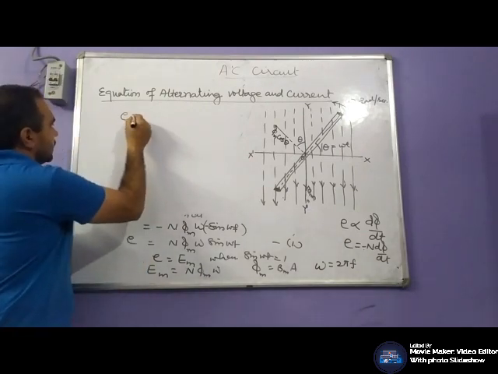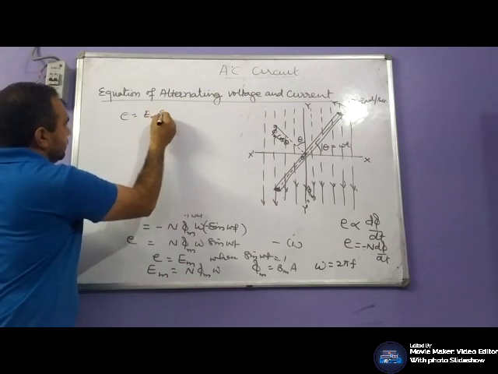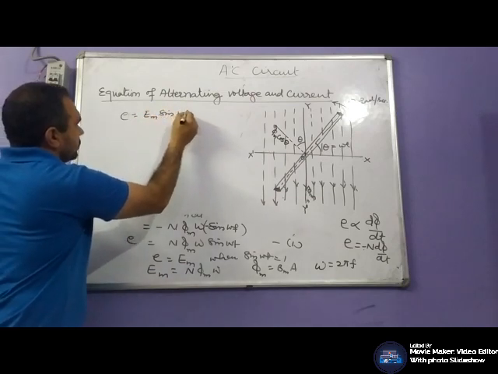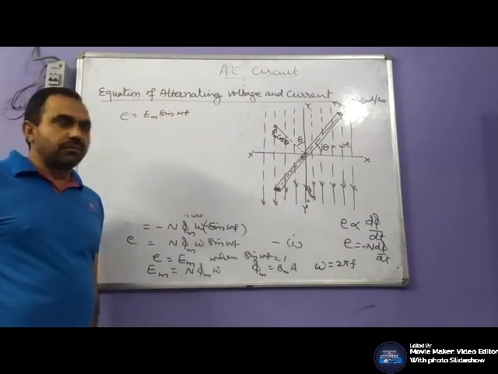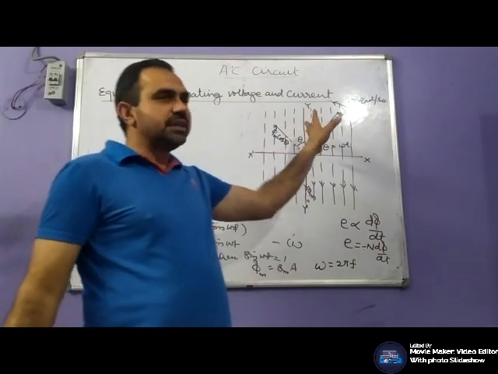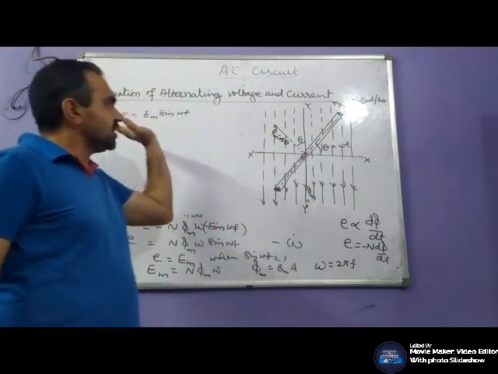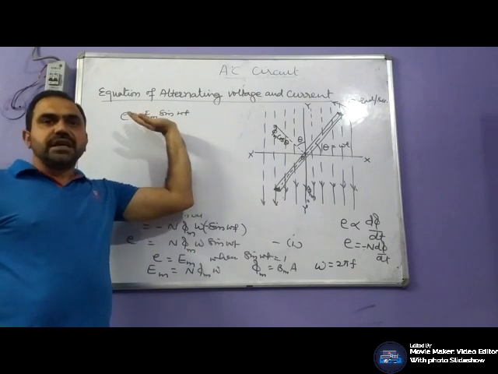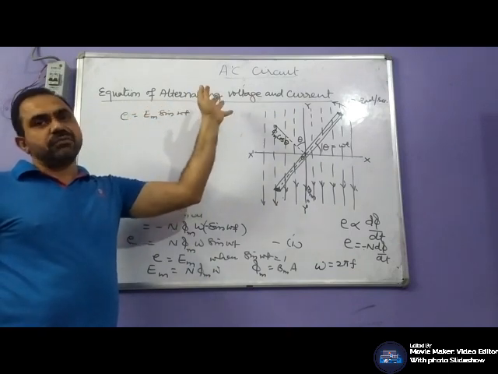Therefore, E would be Em sin of omega t. So whenever a conductor is rotated in a magnetic field, the equation for alternating voltage is given by Em sin of omega t.